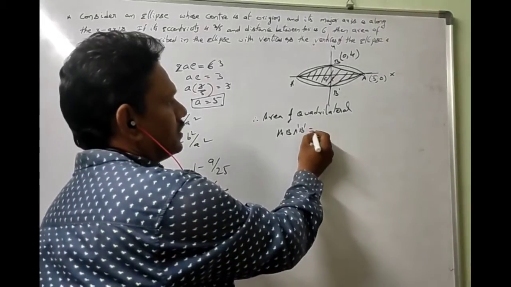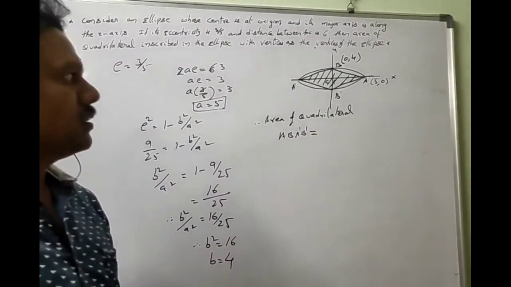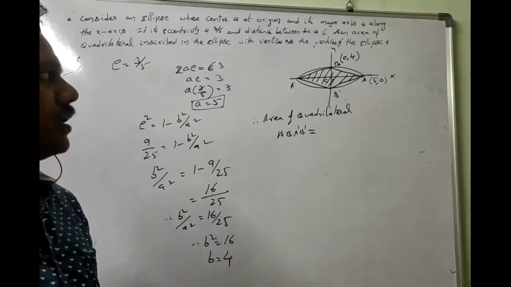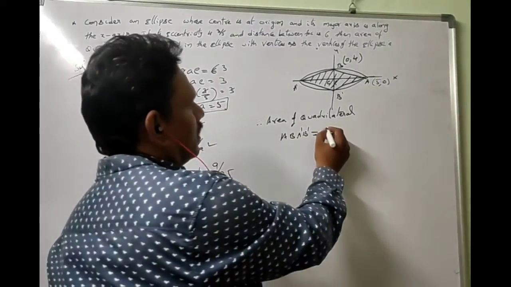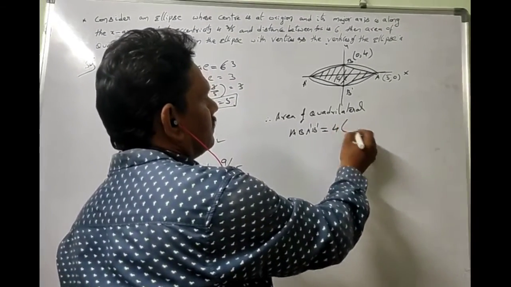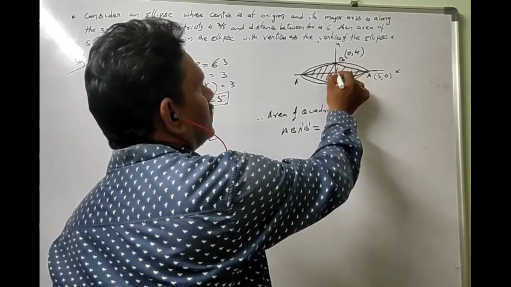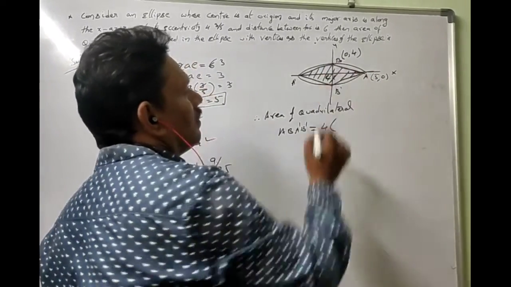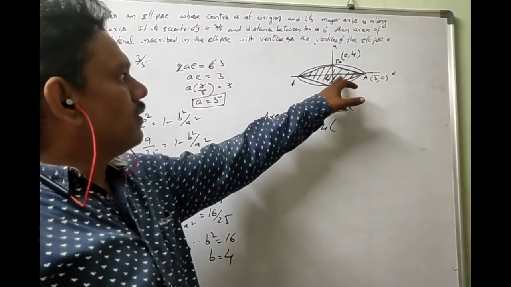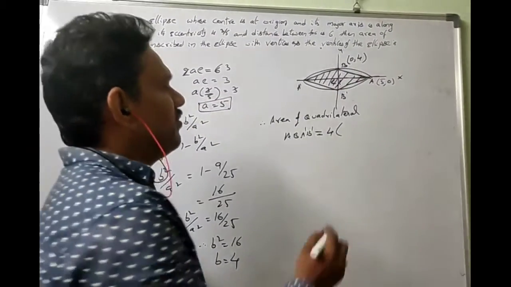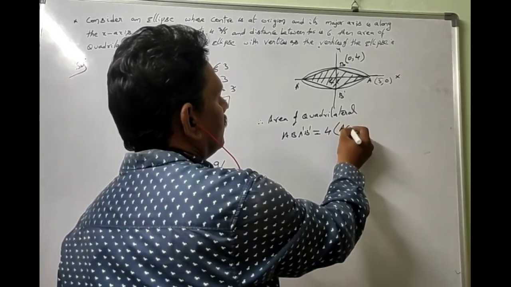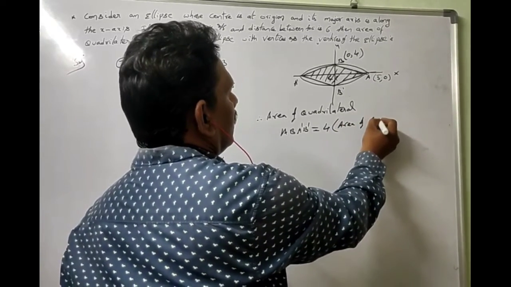So the area of the quadrilateral can be written as 4 times the area of triangle ACB, where C is the center.